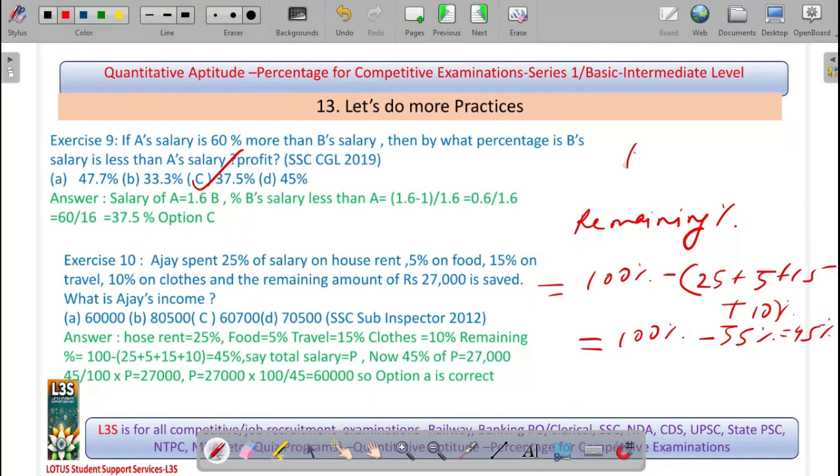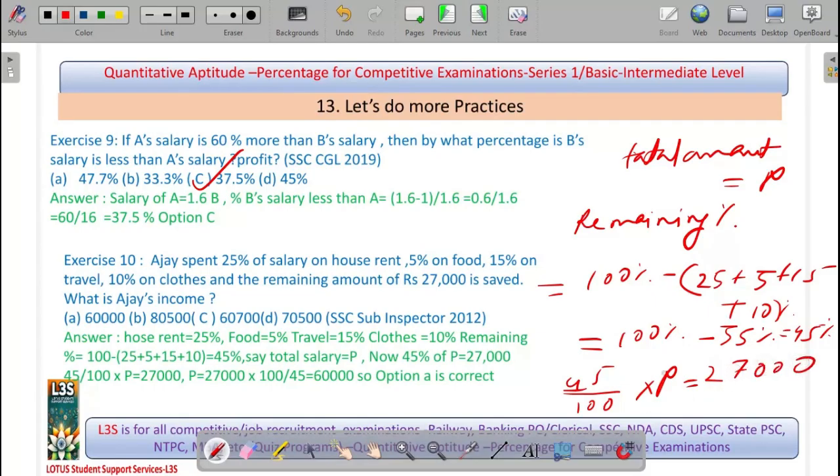So total amount is P. Now 45% of P equals 27,000. P is the total amount, the total income. So what is P?